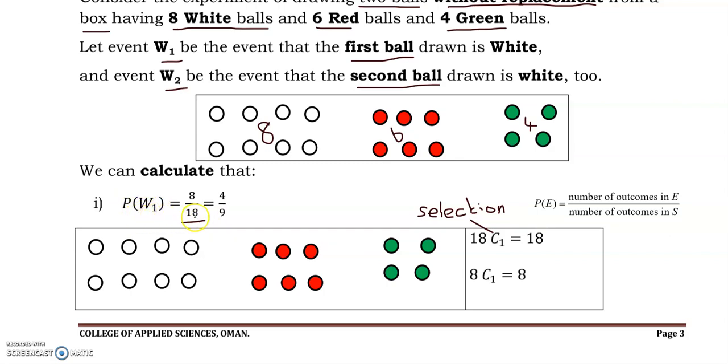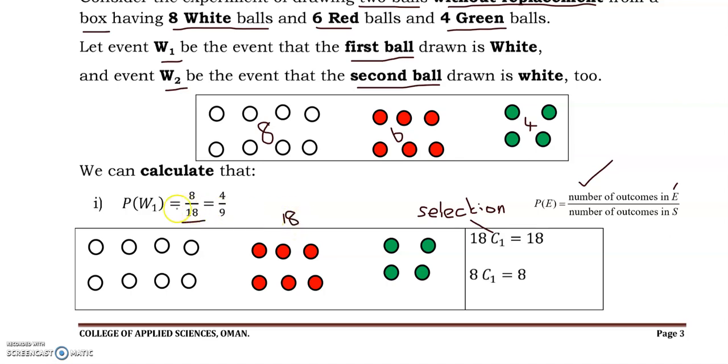We are going to calculate this value by using this rule: probability of E is equal to number of outcomes in E divided by number of outcomes in S. Here E is our favorable event, that is W1, first ball is white. Now you see the total number of balls we have in the box: 8 plus 6 plus 4, that is 18. Total number of balls is 18.